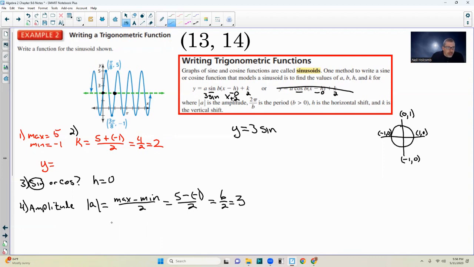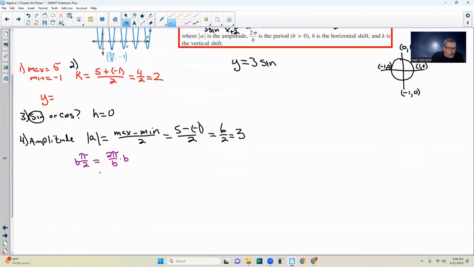And let me change colors because it's not part of that. So what you want to write is pi over 2. That's our period. And that equals 2 pi over b. Okay? So if I multiply both sides by b, I'm just going to work vertically.